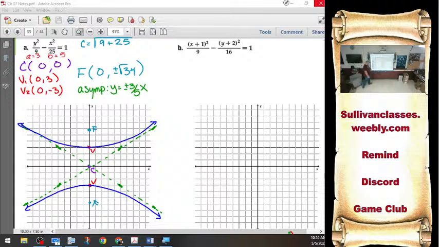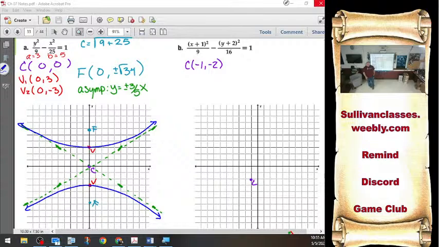All right, do it again, contestant 2. Where's my center at? -1, -2. Back 1, down 2, put a center. Open vertically or horizontally?